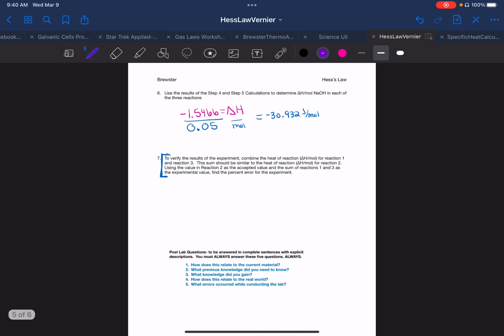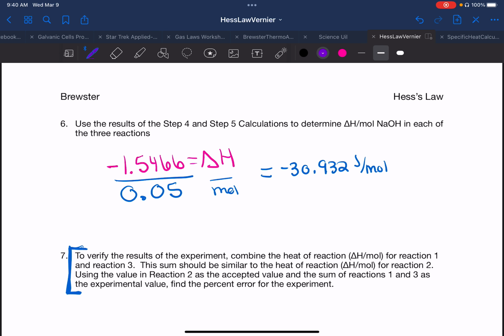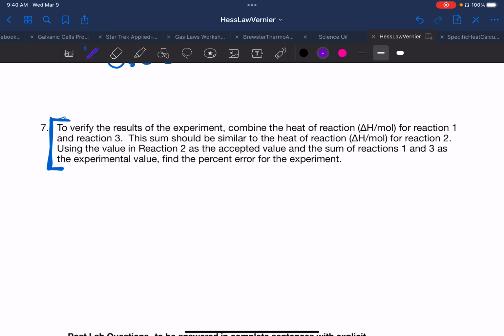Then for step 6, we're going to use our results from steps 4 and 5. We take step 4 divided by step 5, and again this number has changed. We're going to get kilojoules per mole. Step 7 says to verify the results of the experiment, combine the heat of reaction, delta H, for reactions 1 and 3. By the way, that's your hint for your pre-lab.